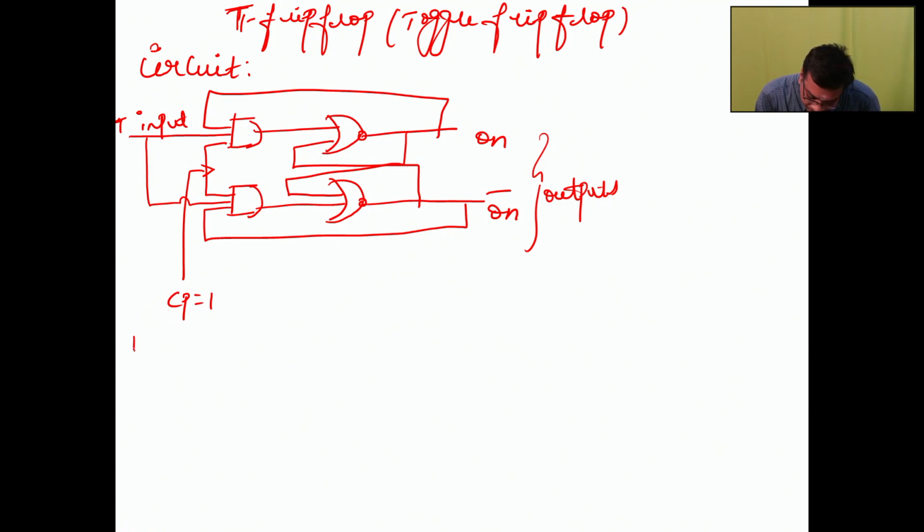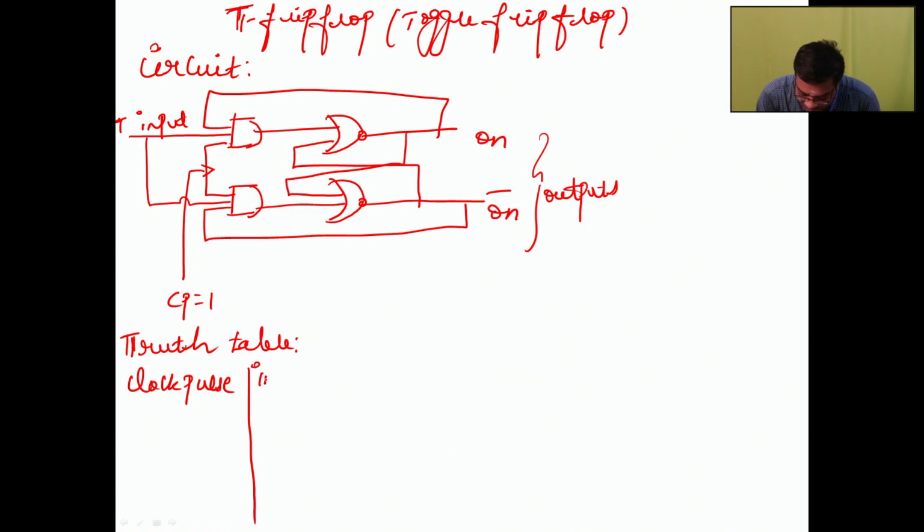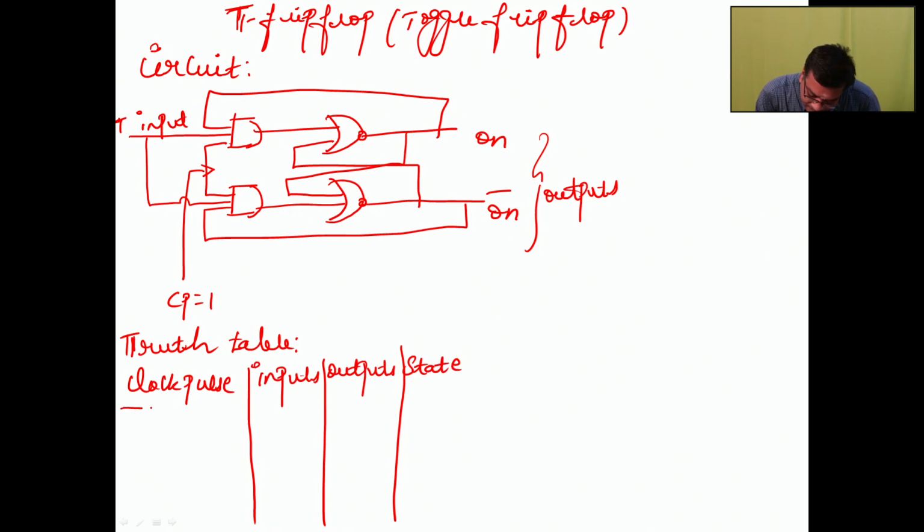So truth table. Clock pulse, inputs, outputs and state. T, Qn, Qn bar.